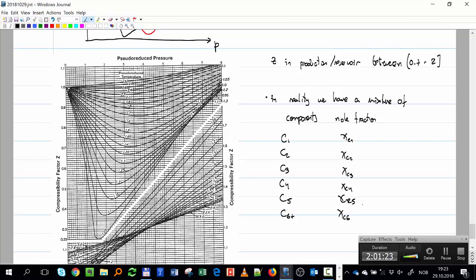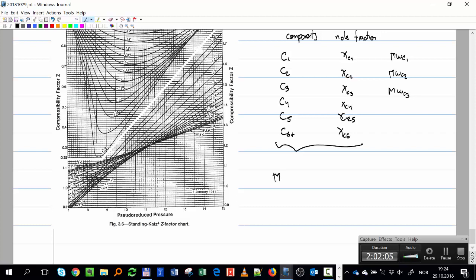So how do we use this diagram for this mixture? One thing that was done is that some people said, well, let's compute for this mixture an average molecular weight. You know that each one has its own molecular weight. Methane 16, propane something different, and so forth. So they said, let's try to compute something that will characterize the mixture, and let's use the molecular weight.